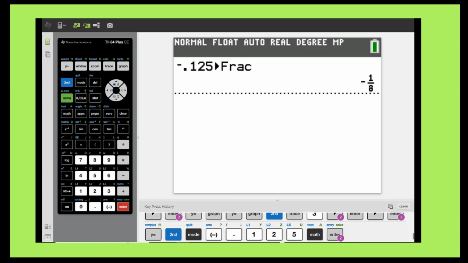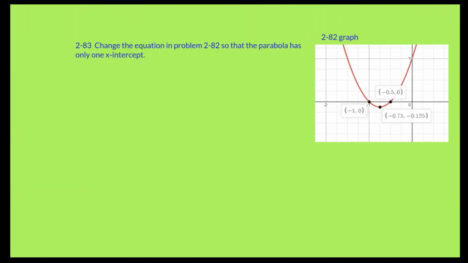Okay, moving on. Okay, so for 2-8.3, it says change the equation in problem 2-8.2, and that was 2x squared plus 3x plus 1. And that gave us a vertex of -0.75, which is -3/4. And then we also figured out on that TI calculator that -0.125 is -1/8.